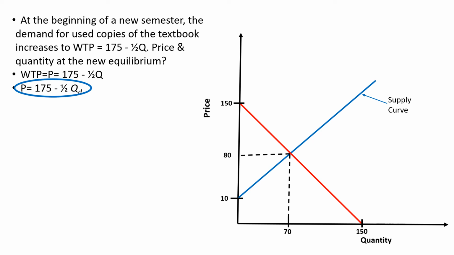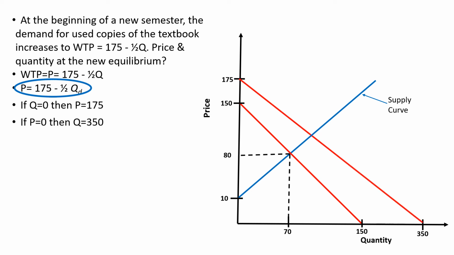Using this willingness to pay function, we are able to graph a new demand curve. If Q is equal to 0, then P would be equal to 175. That can be indicated on the graph. And if P is equal to 0, our output would be 350, which is also indicated on the graph. Connecting those two points gives us the new demand curve.